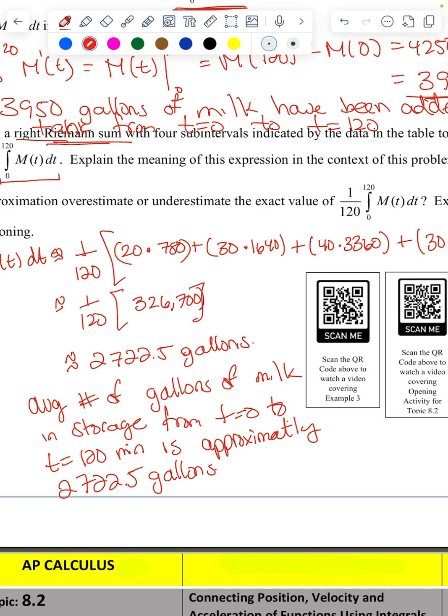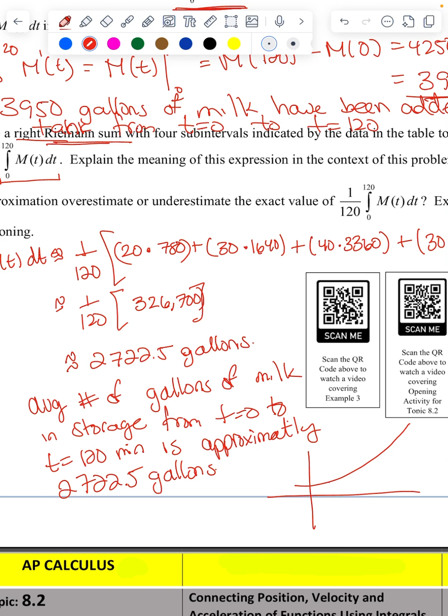Now, this approximation is an overestimate because we are using a right-Riemann sum approximation and the function is increasing on that interval. So if you know that the function is increasing, that means it's a concave up function because it is increasing on that interval.